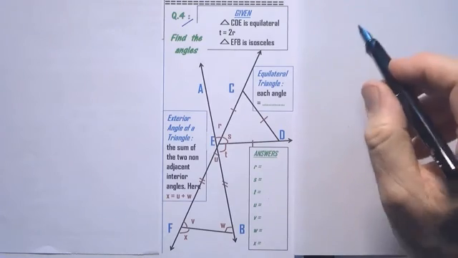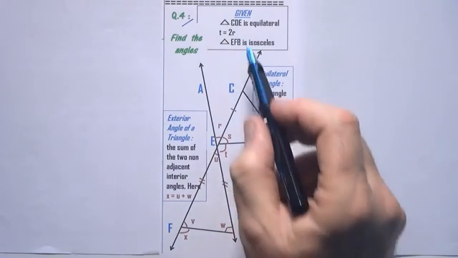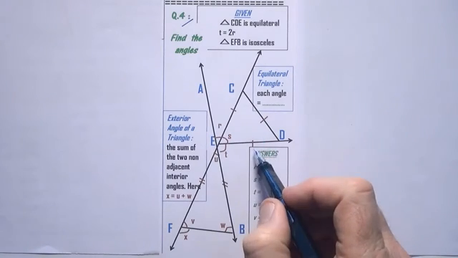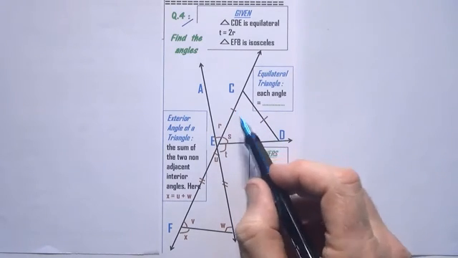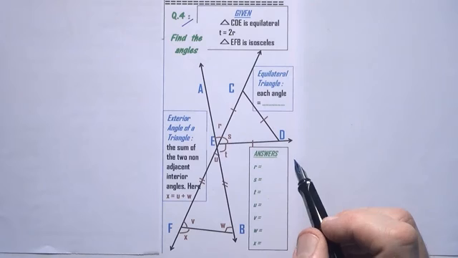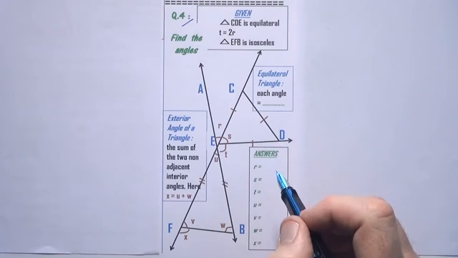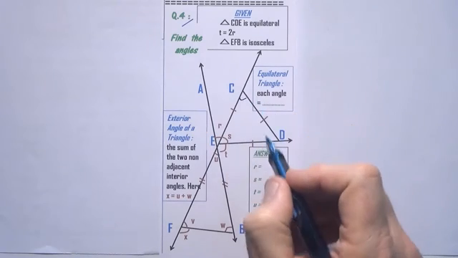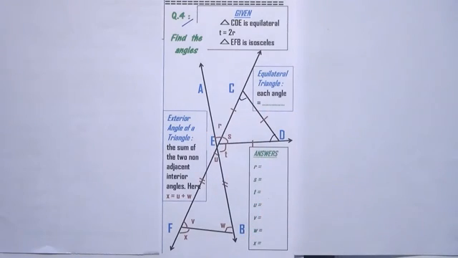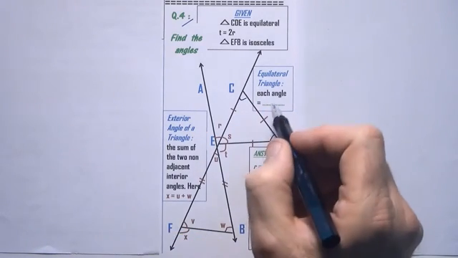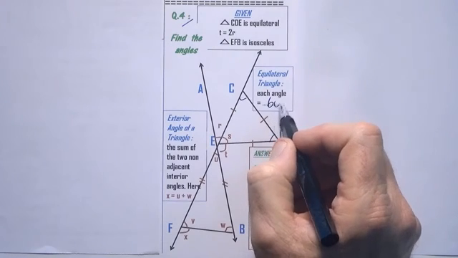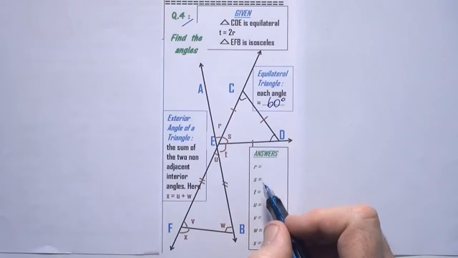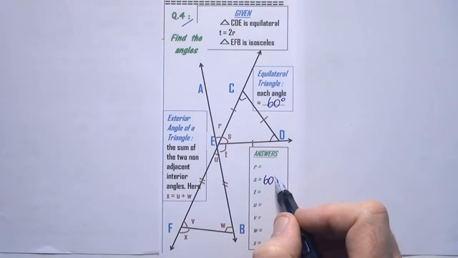The first thing to note is that this triangle, CDE, is equilateral. The hash marks also indicate it has 3 equal sides, and that means 3 equal angles. If you remember from the table we did just before, each angle was 60 degrees. We can safely say S is 60 degrees.